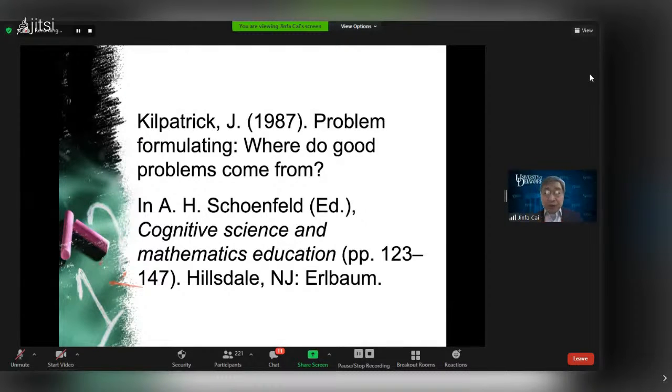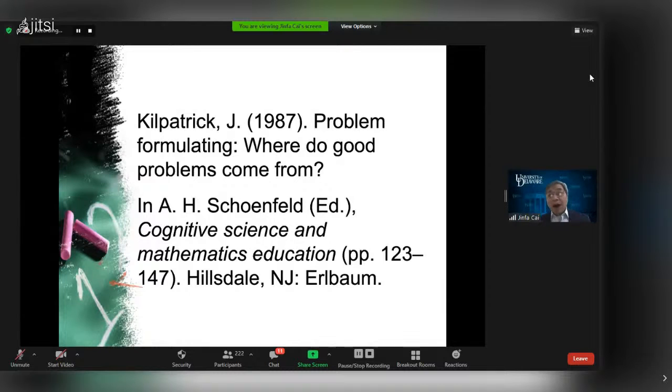In this chapter, Jeremy not only discussed how we should provide the opportunity for students to pose problems, but also called for different areas of research. For example, one of the important ideas he called for is to examine how problem posing ability is related to problem solving ability.